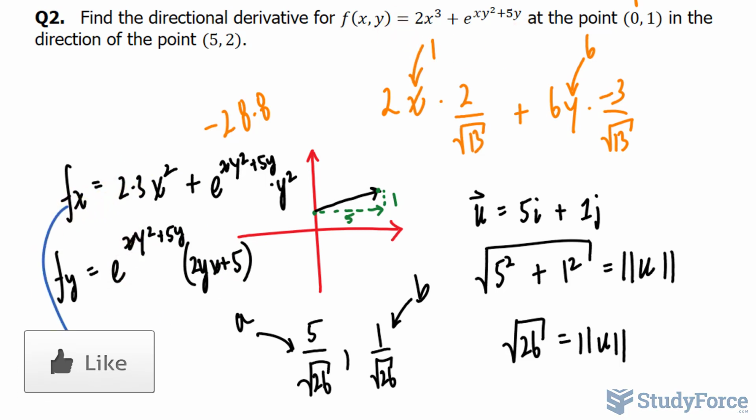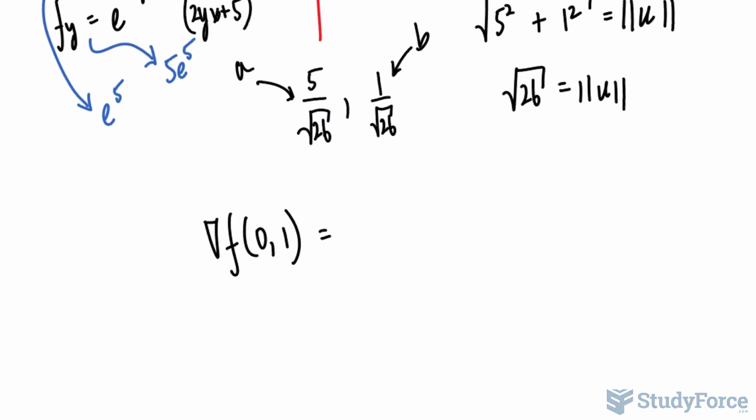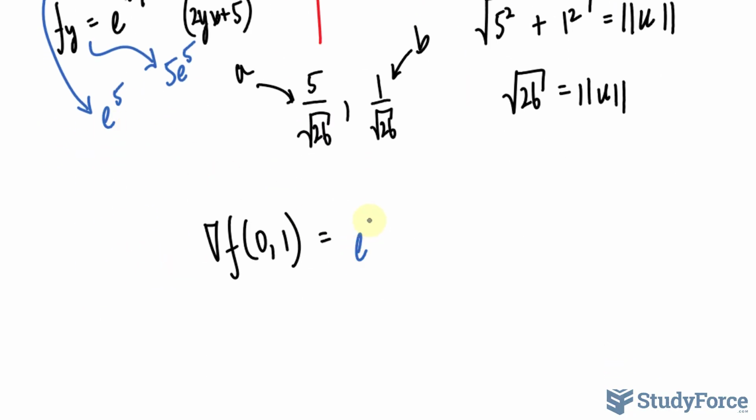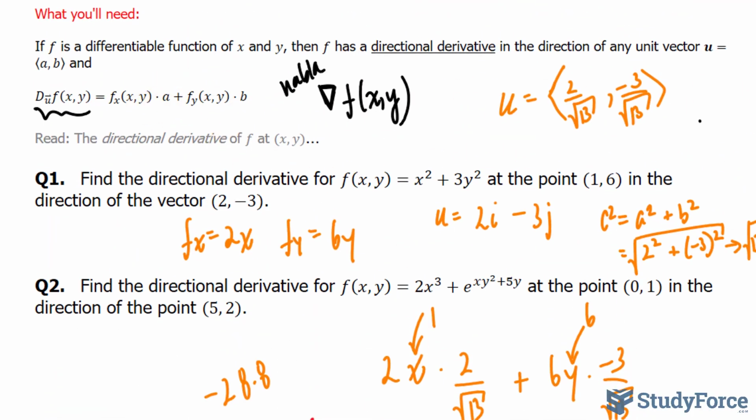If you evaluate this one at 0 and 1, you should end up with e to the power of 5. And if you evaluate this at 0 and 1, I'm not showing my work, but you can easily confirm using your calculator, you should end up with 5e to the power of 5. So now we will take e to the power of 5 and multiply it by 5 over the square root of 26. And the formula tells us that we take the sum.